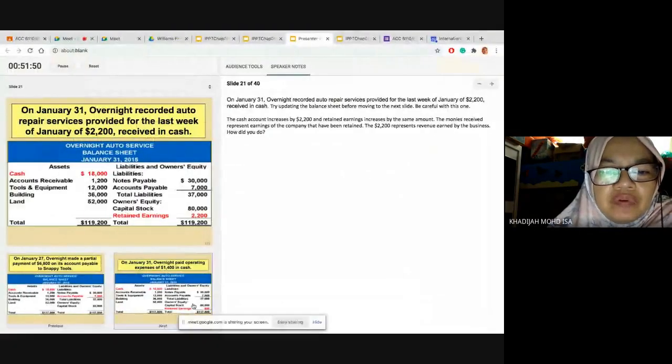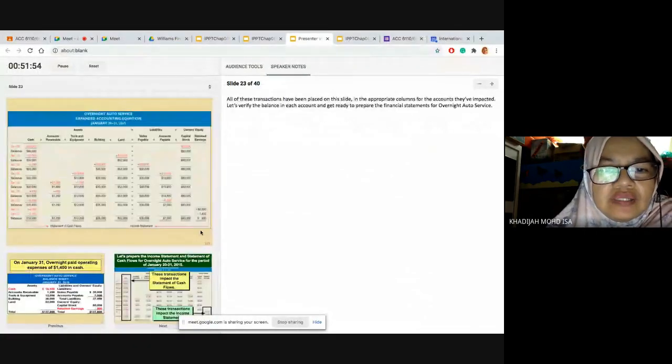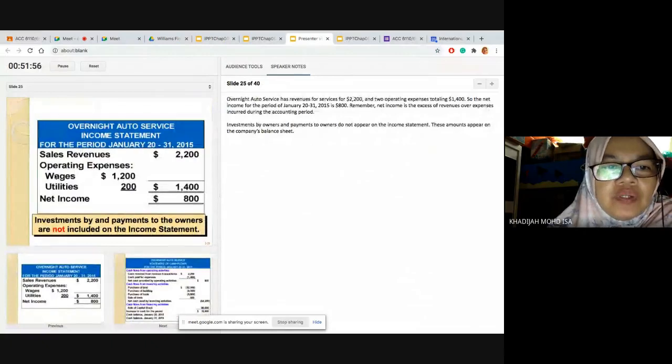Lepas tu you pay for expenses of 1,400. So if you want to show me your income statement, you akan ada sales revenue 2,200, expenses in the form of wages and utility 1,400. So you have a net income of 800. So this 800 ni appears also in your balance sheet. Yeah? Alright. Okay tak? Okay.